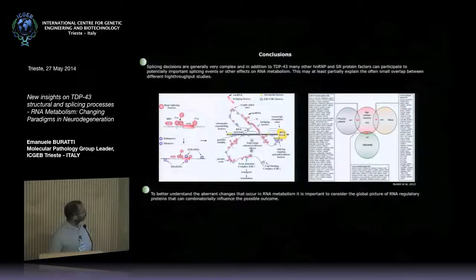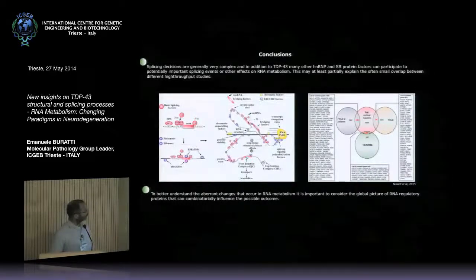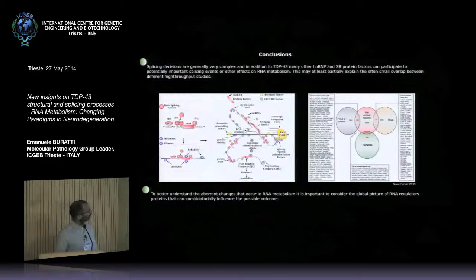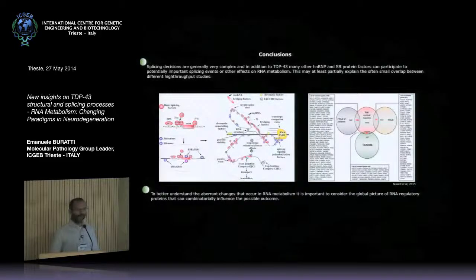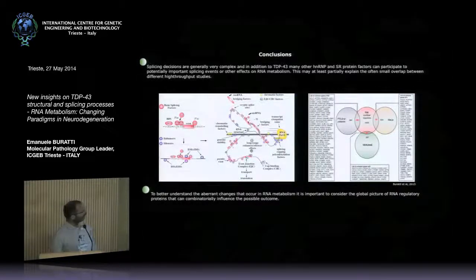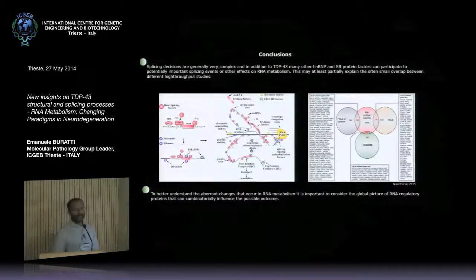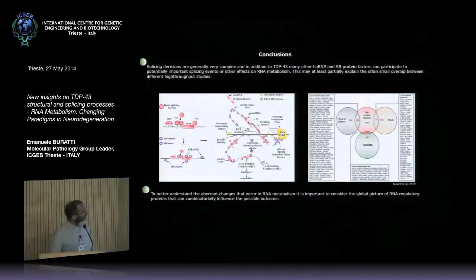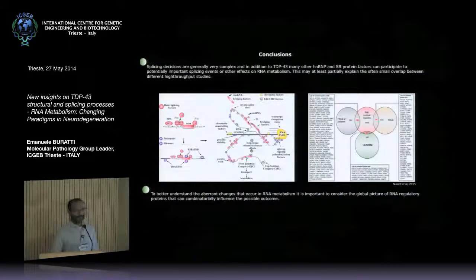And also, this could be, at least partially, in addition to technical differences, an explanation of why, when you compare all the different high-throughput studies that have been published on TDP-43 biology, looking for genes that are affected by the presence or absence of this protein, to be honest, you find very little overlap between all these different studies.